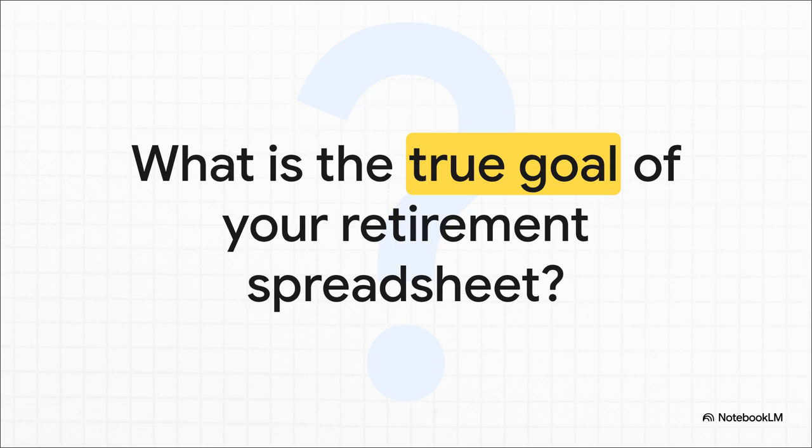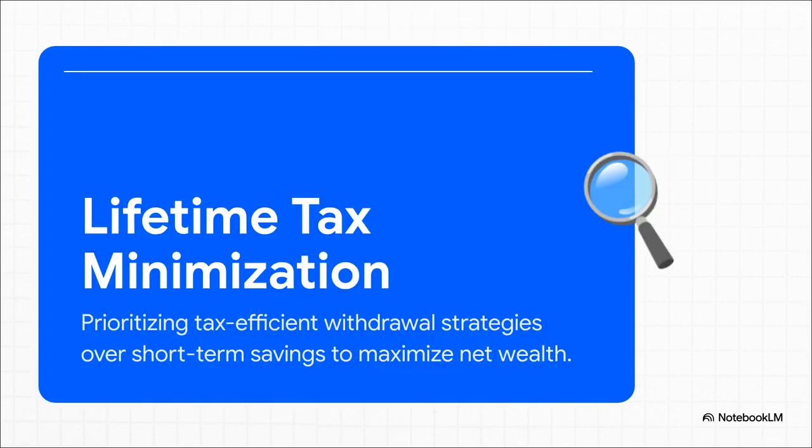So the primary goal of this tool is not just to track basic investments. The true goal here is lifetime tax minimization. Basically, this means prioritizing long-term, tax-efficient withdrawal strategies over short-term savings to absolutely maximize your net wealth. This is the core mission of our explainer today, and honestly, it is the real secret to unlocking your retirement wealth.